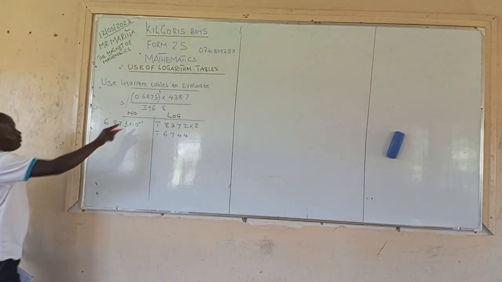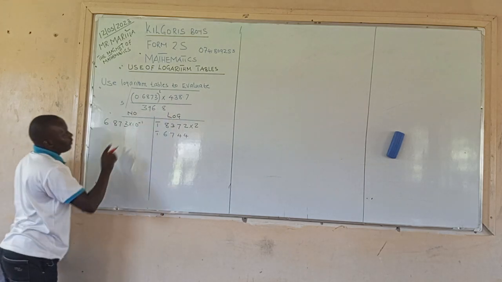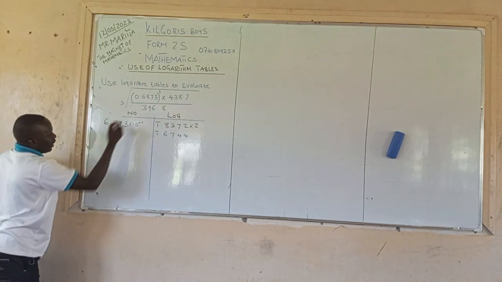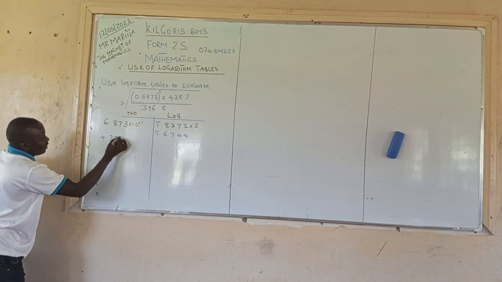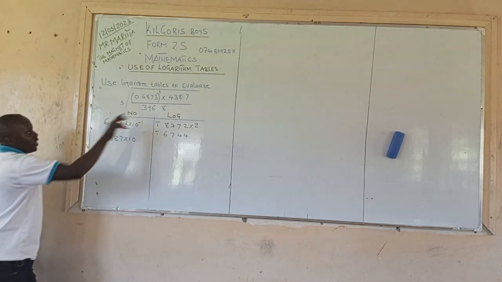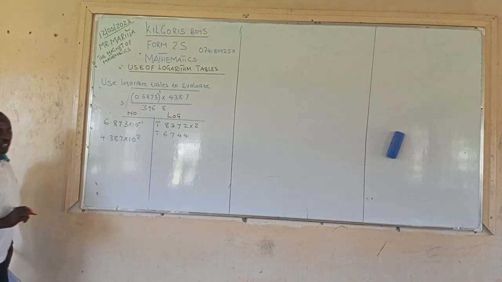Now we have a multiplication of 438.7. We write this as 4.387 times 10, and this is raised to positive 2.